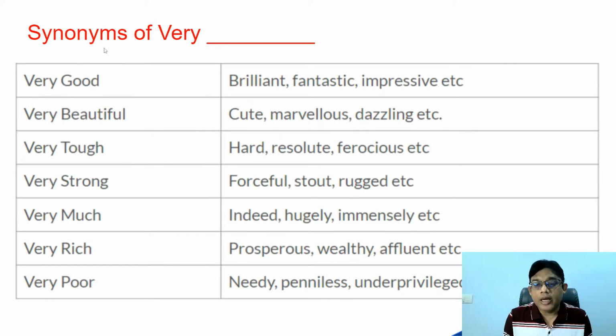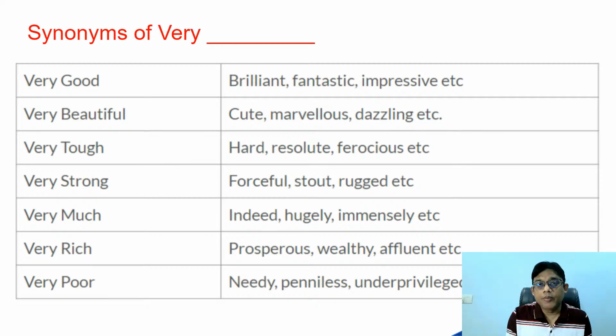So you just need to type this. Let's say the word is very talented. I just need to type in synonym of very talented. You will get lots of words.